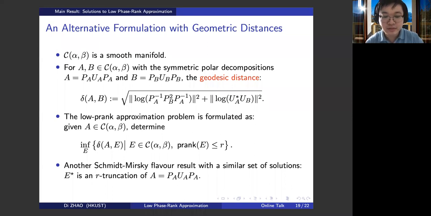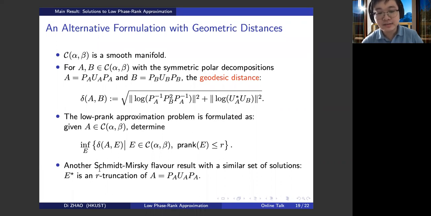Here we put the distance between A and E using this metric, the geodesic distance, and we restrict the phase rank of E to be no larger than R. Everything is the same except that we replace the objective function. We don't use E to divide A, but instead we measure their distance in terms of this geodesic distance, and we get a very similar formulation.